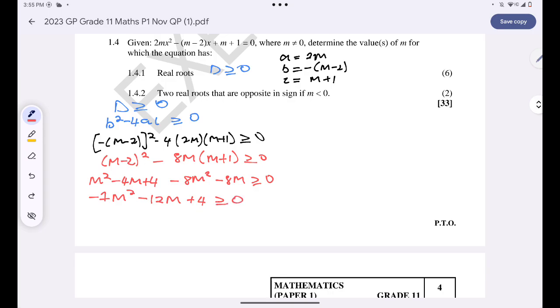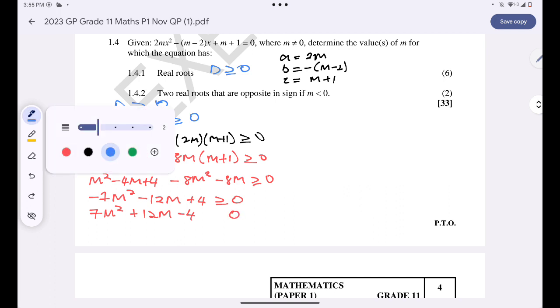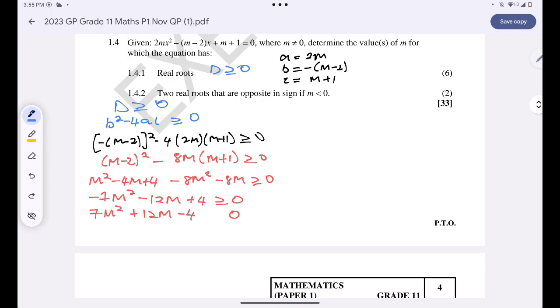Before I even factorize here, guys, I need to make sure that the value of a is positive. So I need to divide everything by negative 1. So I'll simply have 7m squared plus 12m minus 4. I'll still have a 0 on the other side, but please remember that whenever you divide everything by a negative, the sign of the inequality has to change.